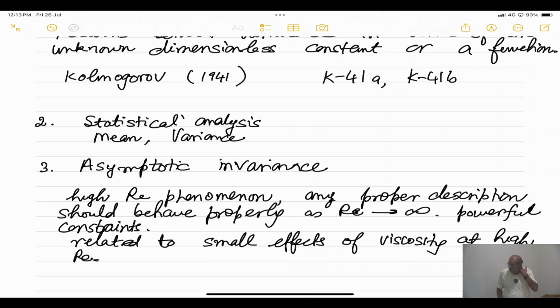What you expect is that as Reynolds number goes to infinity, viscosity goes to 0. So it was expected that the drag should go to 0 when you reach infinite Reynolds number.